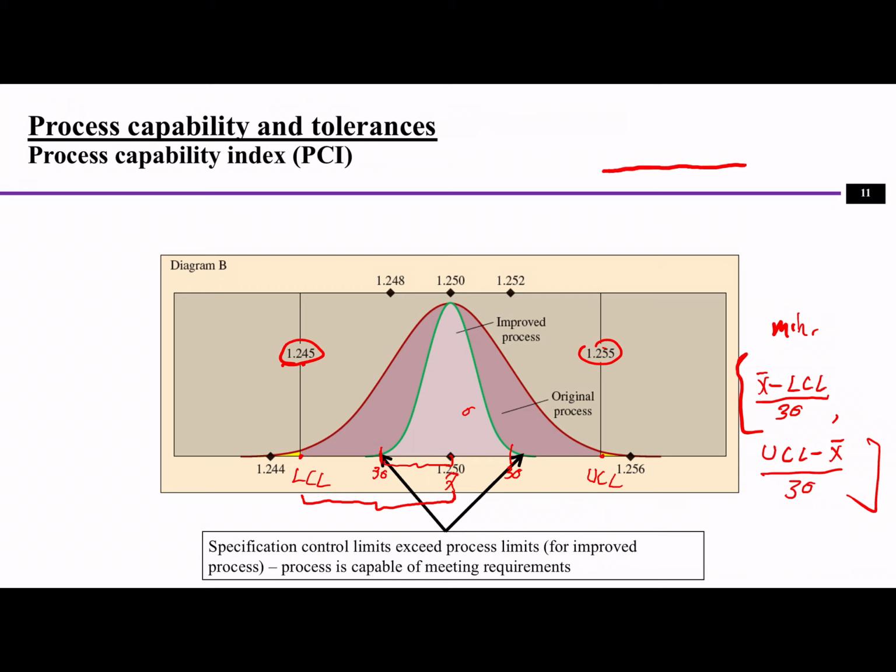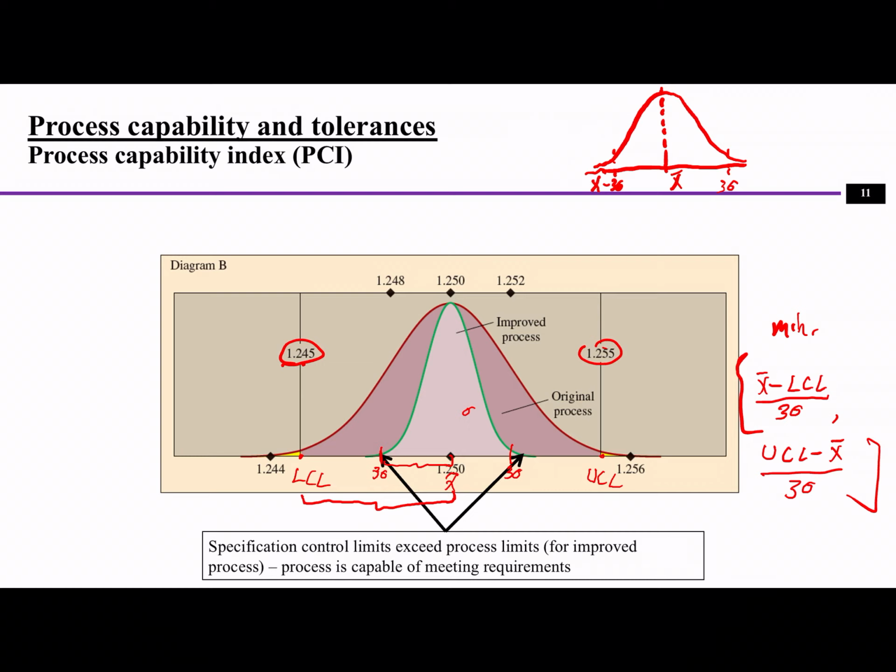For example, I have a normal distribution. And this is my process, and I got an x bar, right? I know this is 3 sigma, and this is 3 sigma, okay?